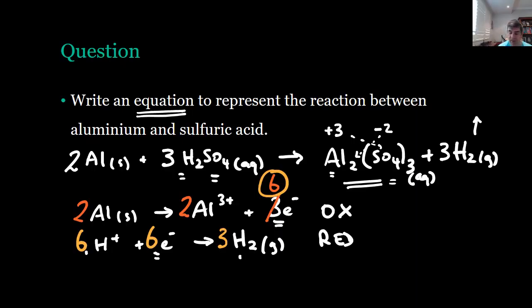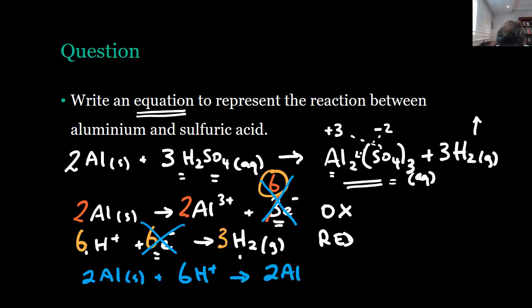So what you can see is that when I then put them all together in order to make an overall balanced equation, my 2 lots of 6 electrons are going to cancel out, and I'm going to end up as my net ionic equation 2Al solid plus 6H+ gives me 2Al3+ plus 3H2 gas.